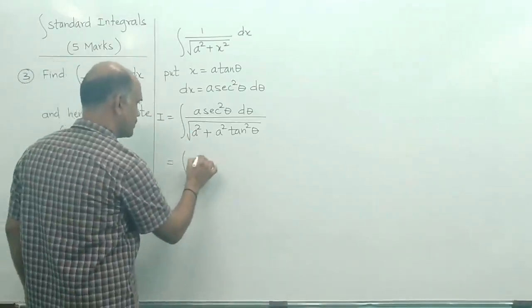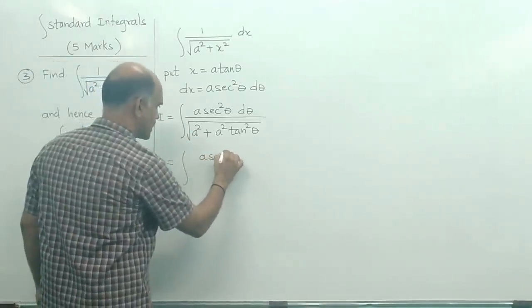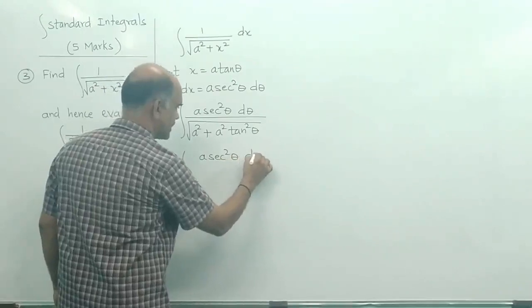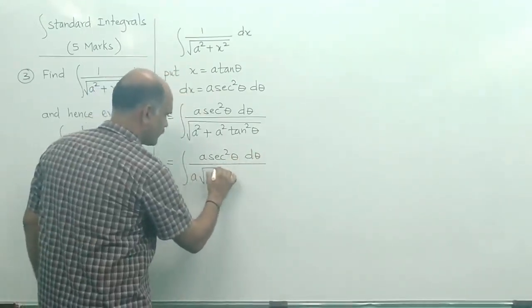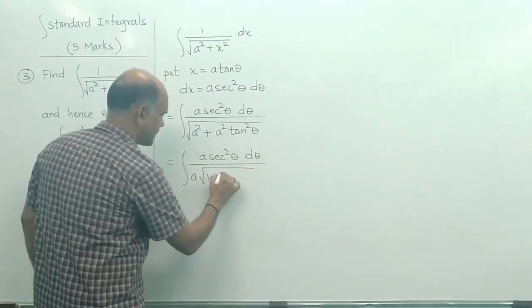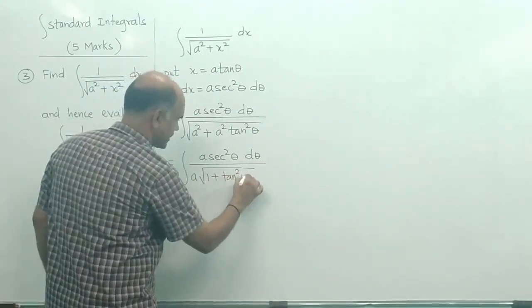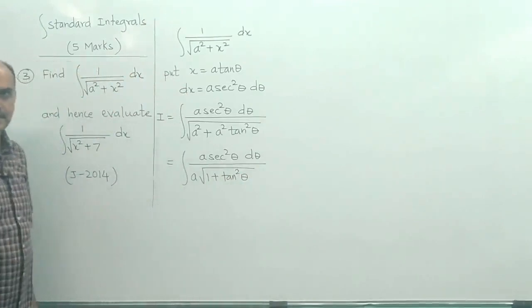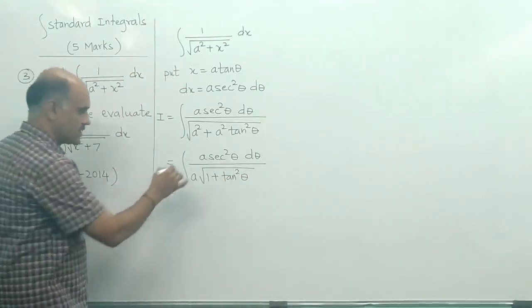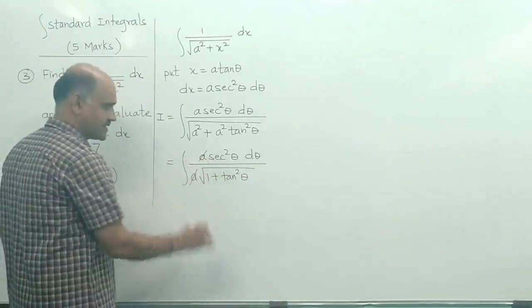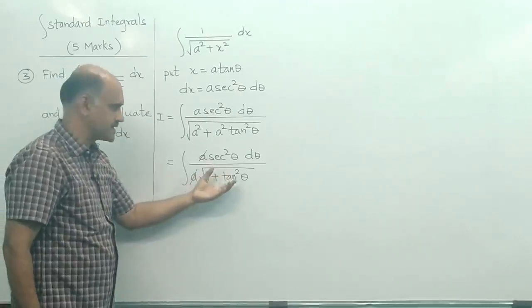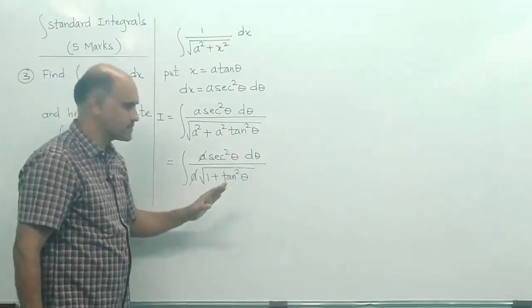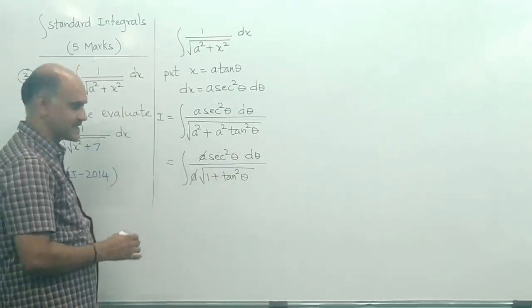So you will have a secant square theta d theta divided by a root of 1 plus tan square theta. So this a gets cancelled. 1 plus tan square theta is secant square theta. If it comes outside root, you will have secant theta.